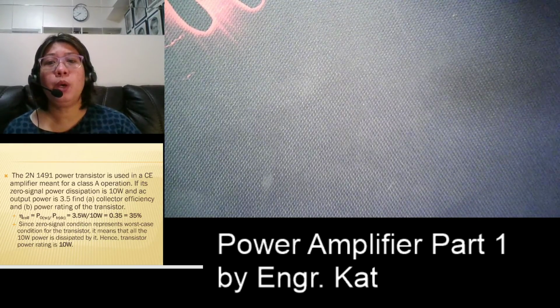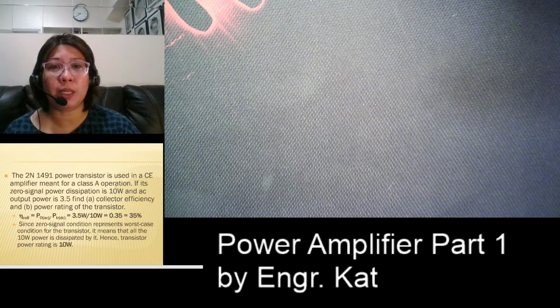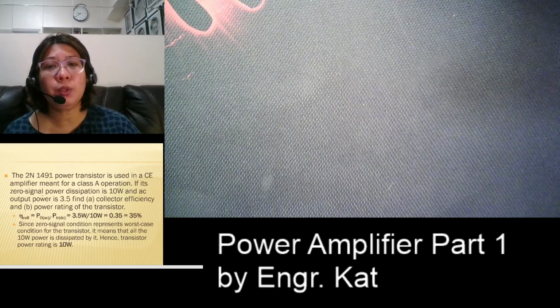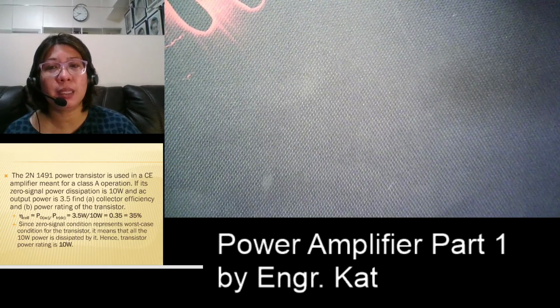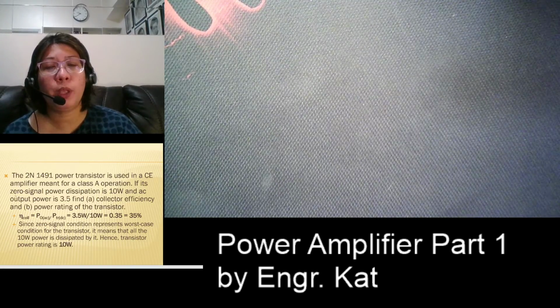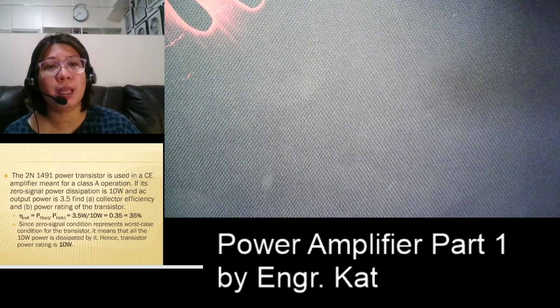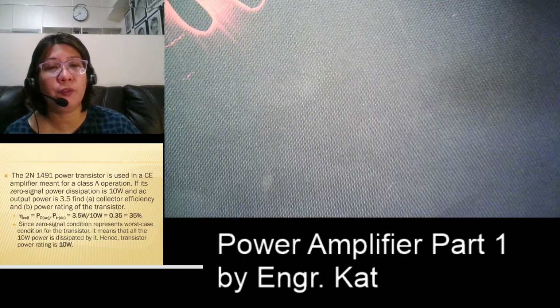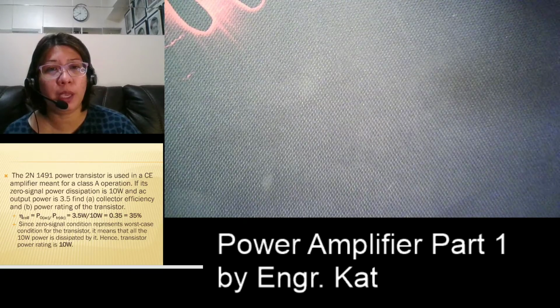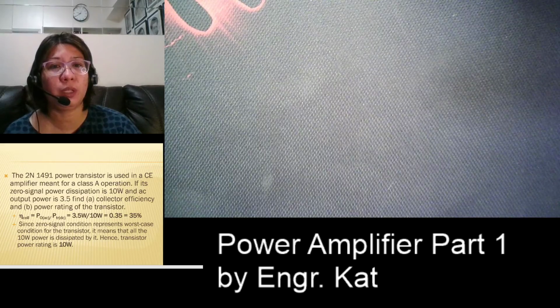Okay, so its zero signal power dissipation is 10 watts. Since zero signal power means the power in the collector region of your transistor when you have no signal, that means this is the power that was delivered to the collector. This is the total power that was delivered to the transistor.